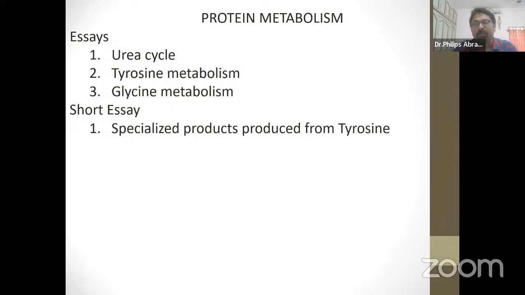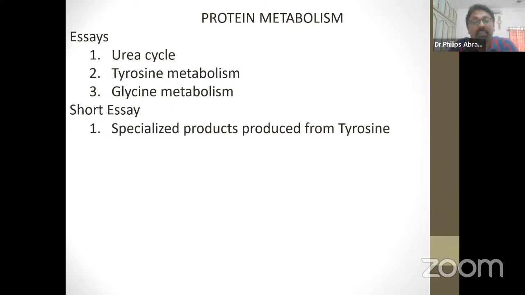But if the question is about what are the biological functions of glycine, not only this synthesis part of specialized products, but also it helps in the conjugation of bile acid, conjugation of benzoic acid and its excretion, and acts as a neurotransmitter. That also should be added up. So please understand the question and write whether the question is about biological importance or biochemically important compounds from glycine.